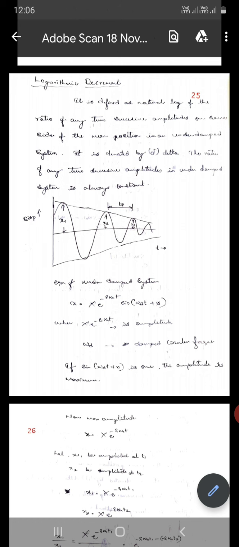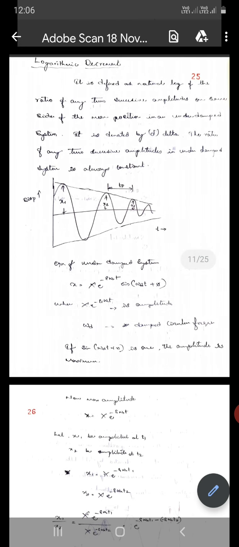If sine of omega d t plus psi is 1, then the amplitude is maximum. Now the maximum amplitude is X e raised to minus zeta omega n t.